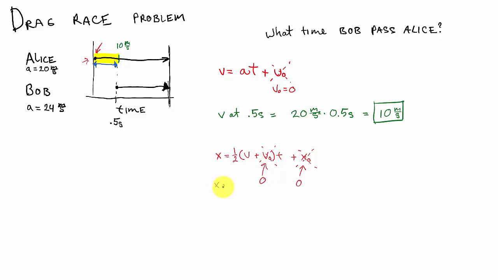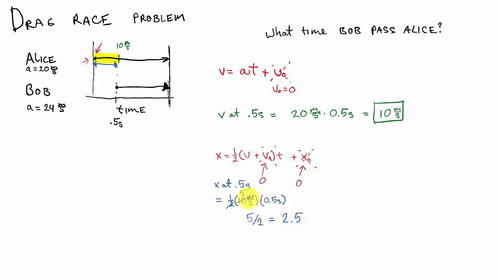Alright. So x at 0.5 seconds is going to be 1/2 times our velocity times 0.5 seconds, which turns out to be 5, and then 5 divided by 2 equals 2.5.